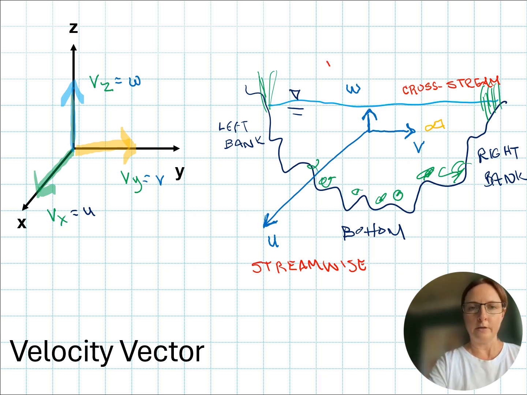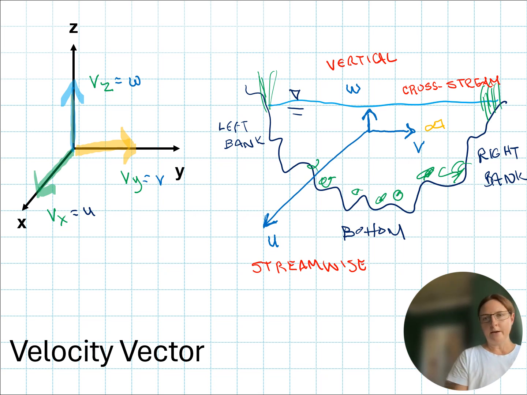And this is also known as the vertical component of the velocity vector. So vertical is always aligned typically with our gravitational field on Earth, and then our two alternative coordinate axes, x and y, are usually the two horizontal. One of them, the bigger one, is defined as the streamwise component, and then the second biggest one is usually the cross-stream component.